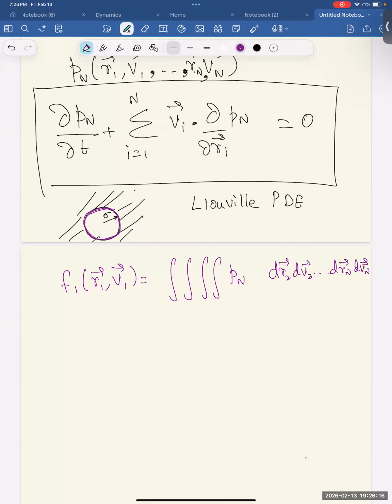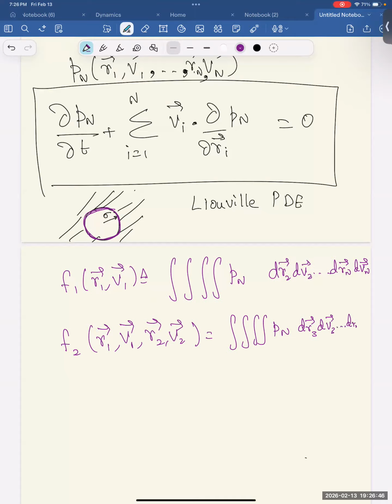Okay, so this is the one particle marginal. And similarly, you have the two particle marginal, F2 of R1, V1, R2, V2. And again, you're integrating Pn over everything beginning with R3, V3, all the way to Rn, Vn.